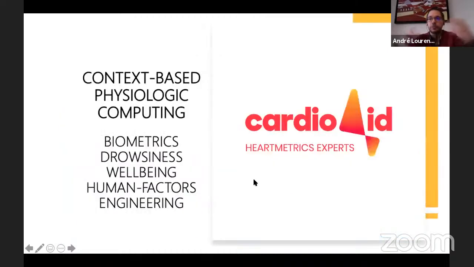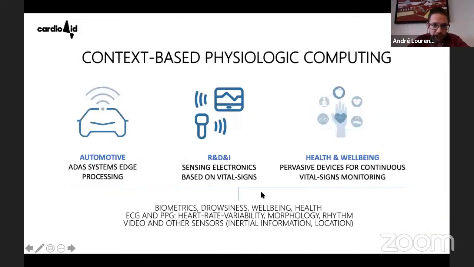We are trying to be present all over Portugal, and what we are doing is context-based physiological computing. So we are connecting biometrics and analysis of the cardiac signals with the context. And with that, we can do biometrics, drowsiness, well-being, human factors engineering. So a lot of products can be developed.